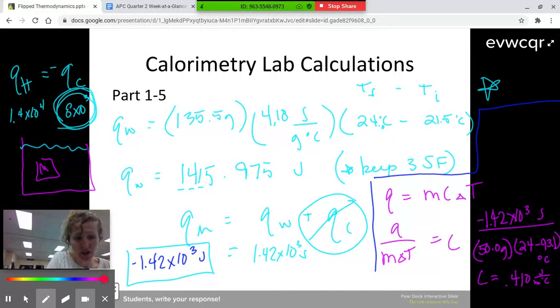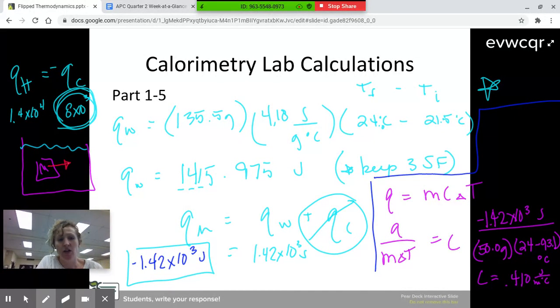So in this case, energy is going to go from the metal into the water. So if water is your system and water is absorbing heat, water is going to be positive.